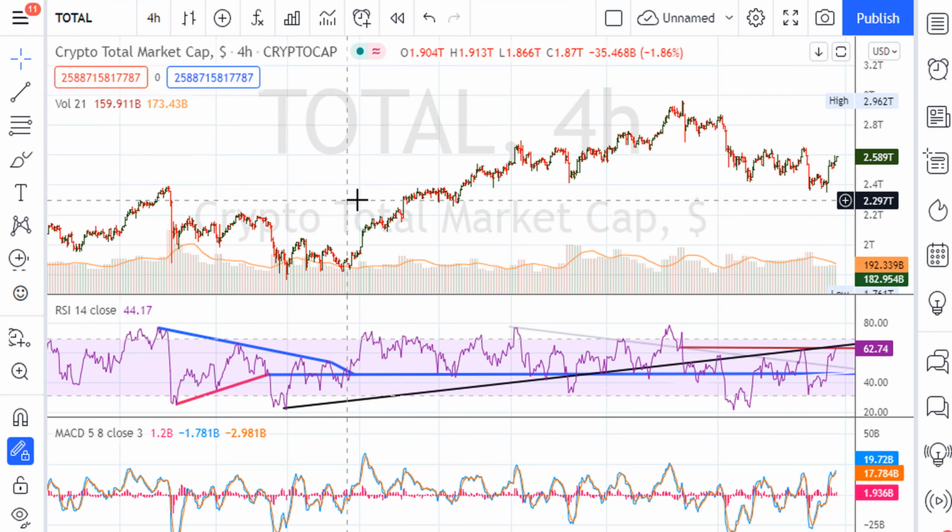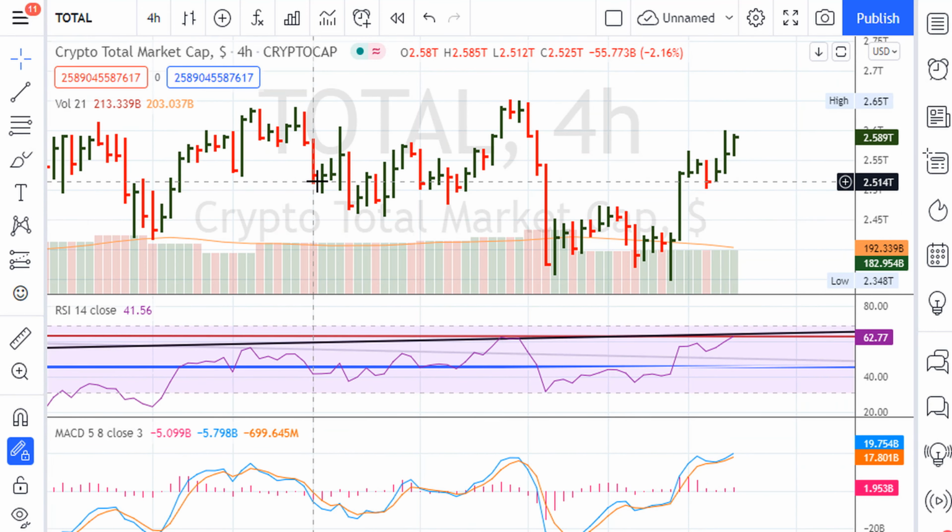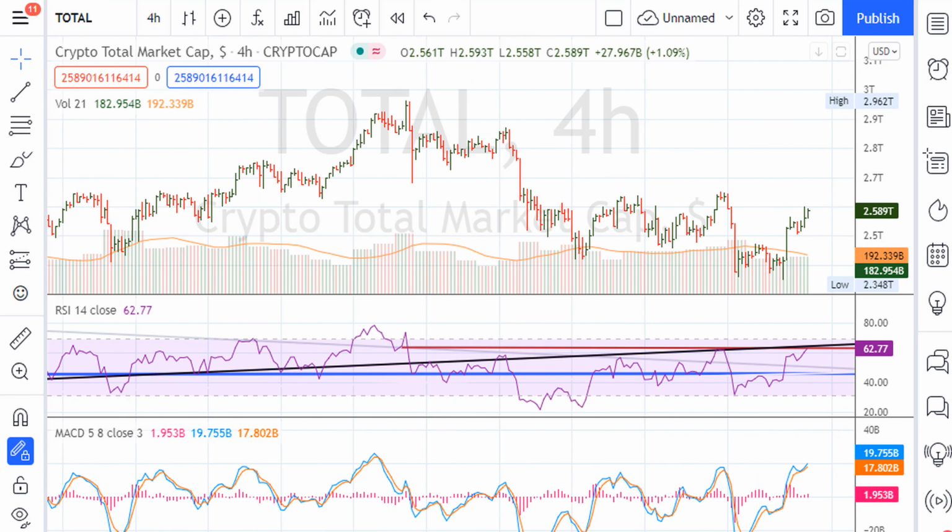So if I zoom back in and just follow the black line, let's do that together. You can see that these two lines, the black and the red, are where the cryptos are as of today, and they need to make a decision as to whether they have enough strength to clear this area. And if they can do so, then we can anticipate prices to move higher.